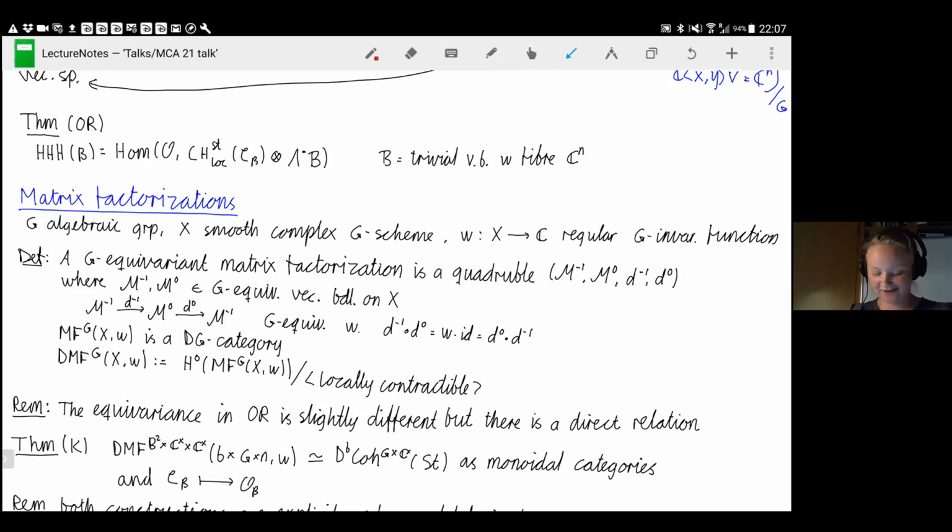And in the name of complete honesty, I should say that this is not exactly what Oblomkov and Rozansky are doing, because they have the same construction, only they have a slightly different way of imposing equivariance, but there's a direct way to relate these two.